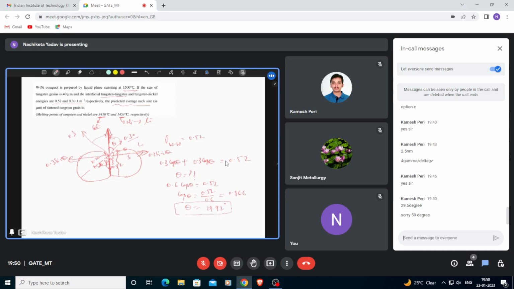Now what can you find out? Half neck size. Suppose half neck size is x by 2. We know this is 20, and the theta value we already know, 29.92. What will be the x by 2 value? Do you know any relation?